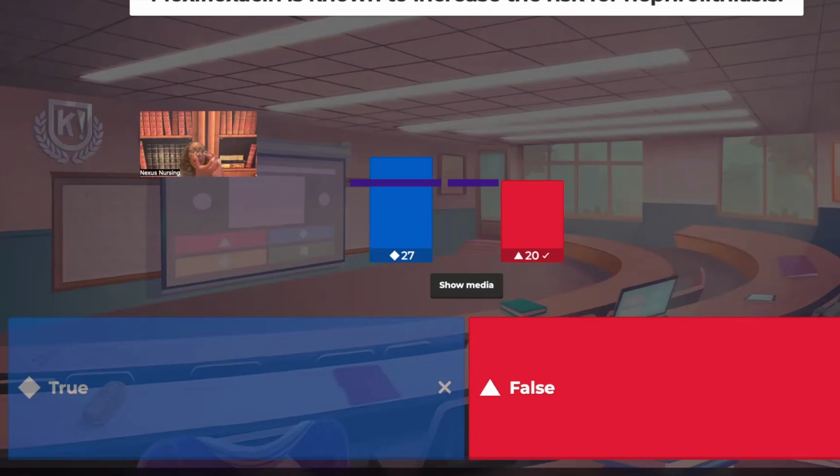The calcium just clumps up and forms stones, especially if you're not hydrating. So excessive intake of calcium supplements, vitamin D supplements, even vitamin C supplements, along with not being hydrated, is a perfect storm for nephrolithiasis.